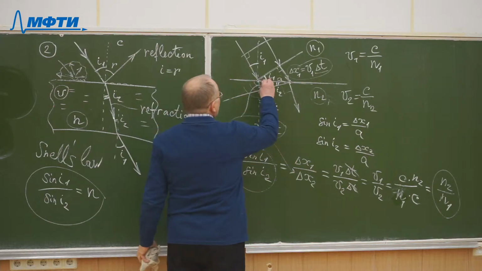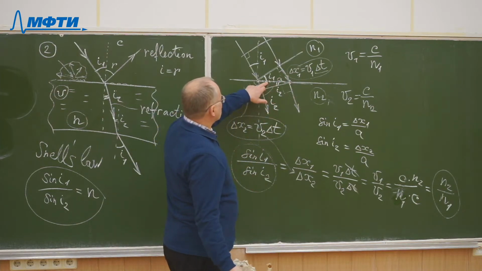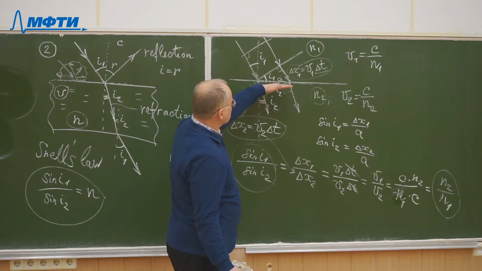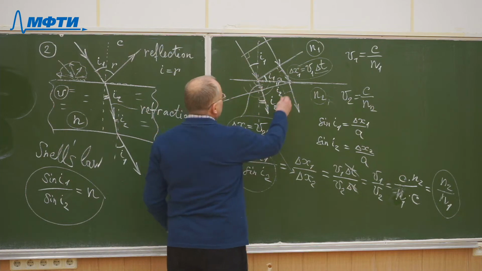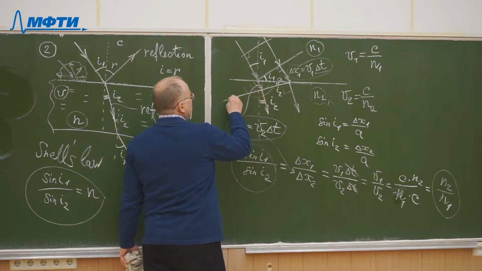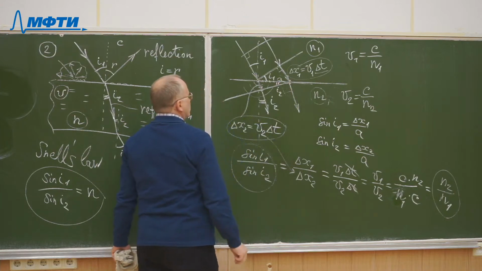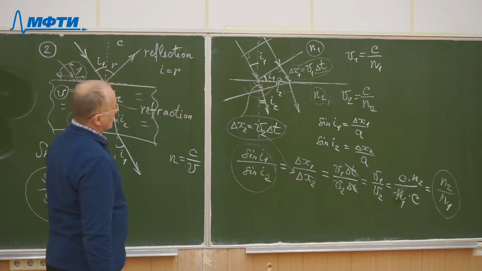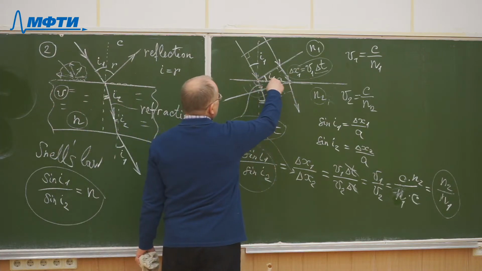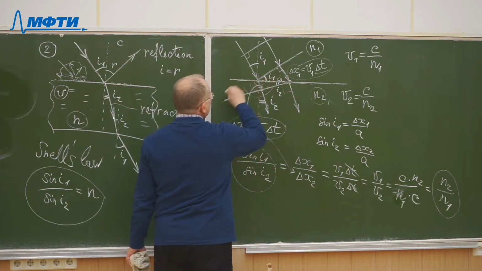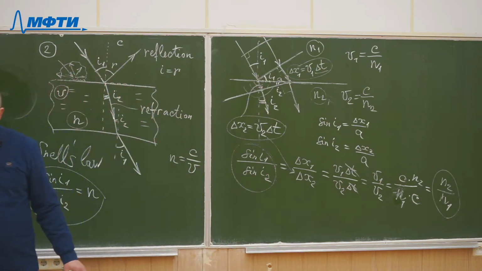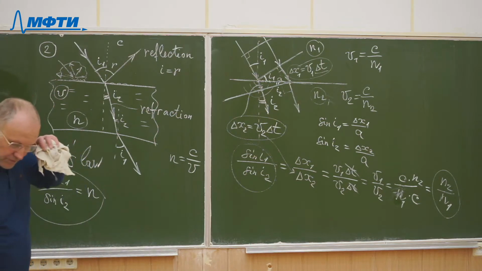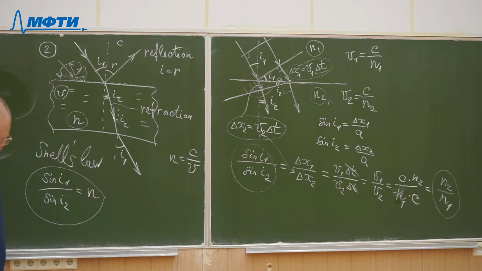As every point of this interface is the source of secondary waves, all the spherical waves interfere with each other, and the result of interference is the wavefront of the light beam. This is the result of interference of many, many spherical waves originating from all the points located on the interface between the two media. So this is Snell's law.